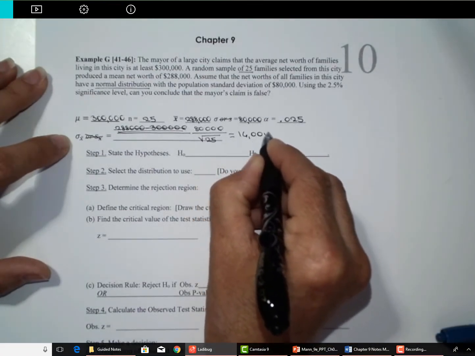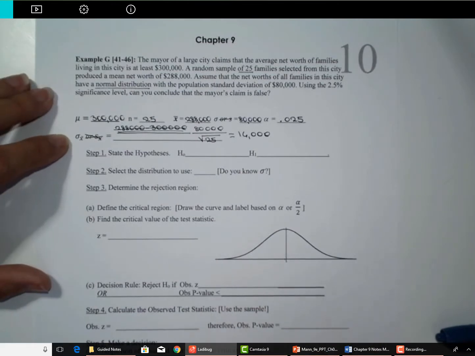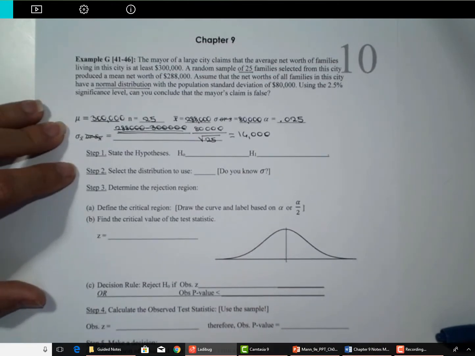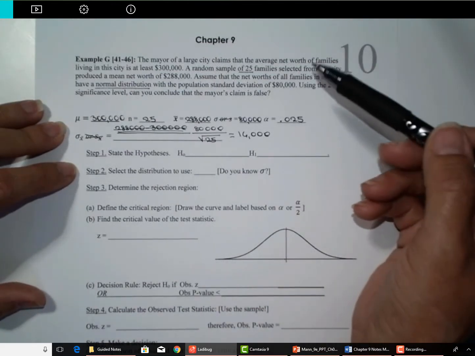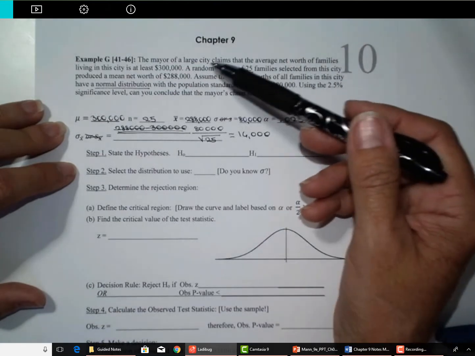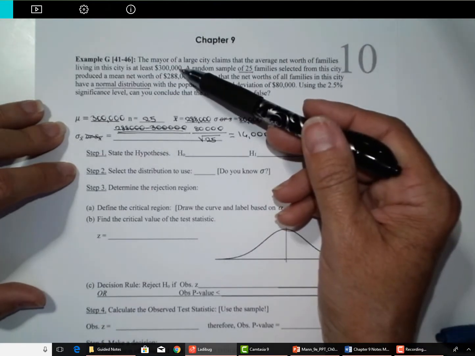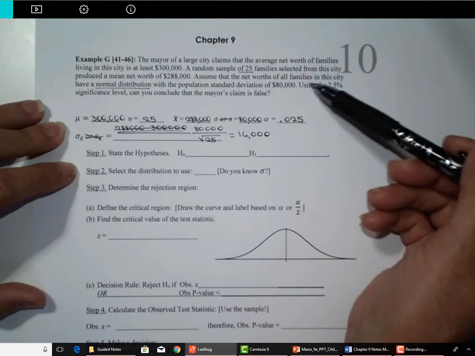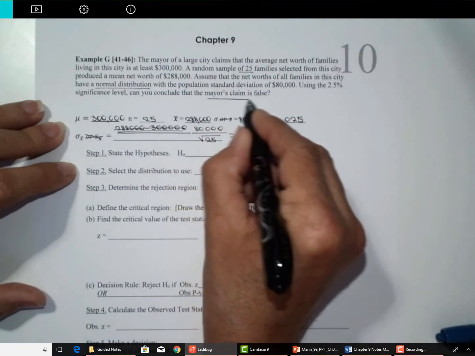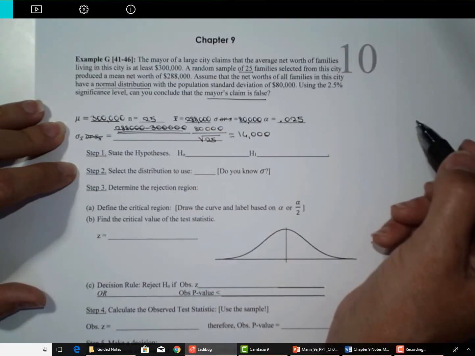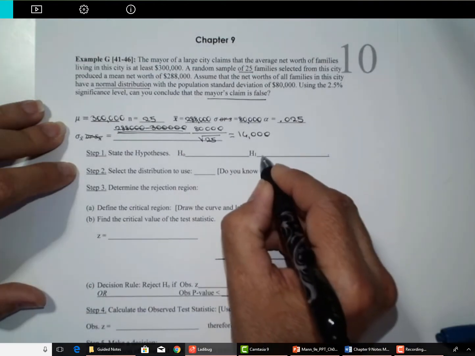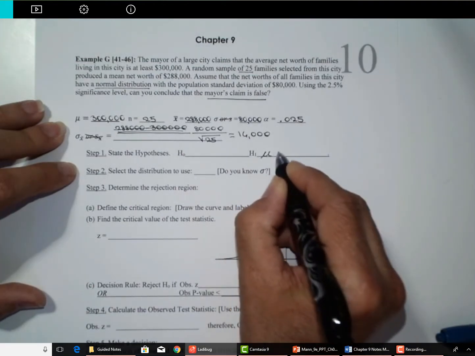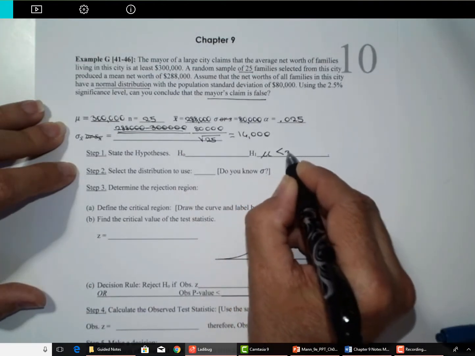All right, let's look at our hypotheses here. The mayor claims that the net worth of his families is at least 300,000. So if the mayor's claim is false, we want to see if they are less than 300,000. That's how we set the alternative hypothesis.